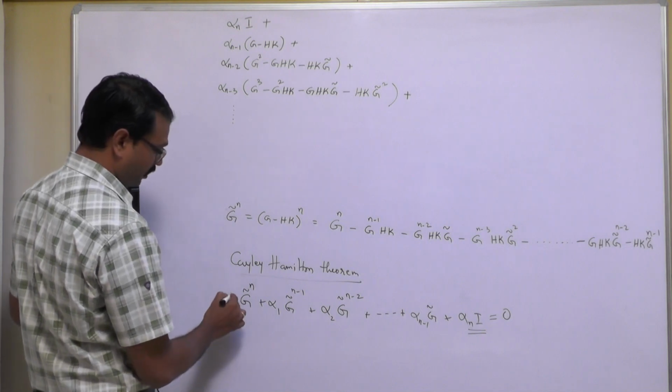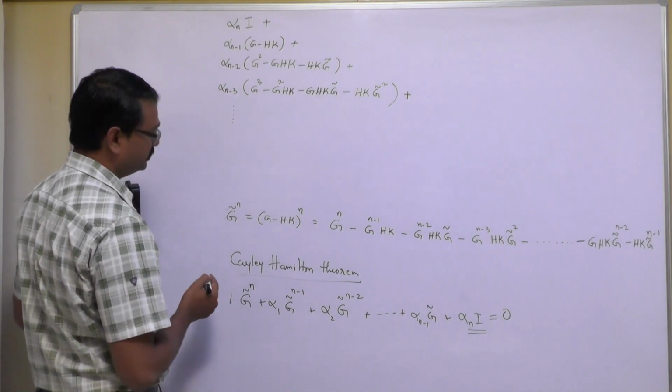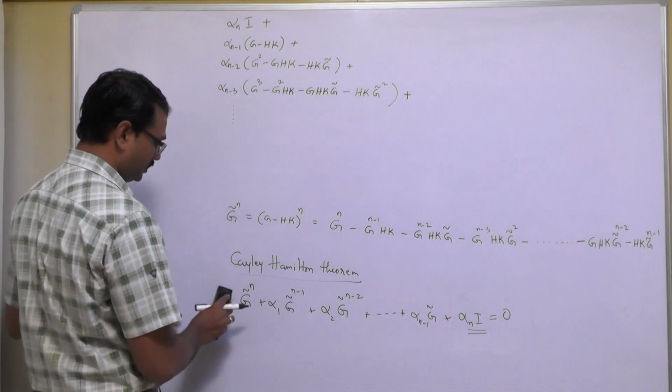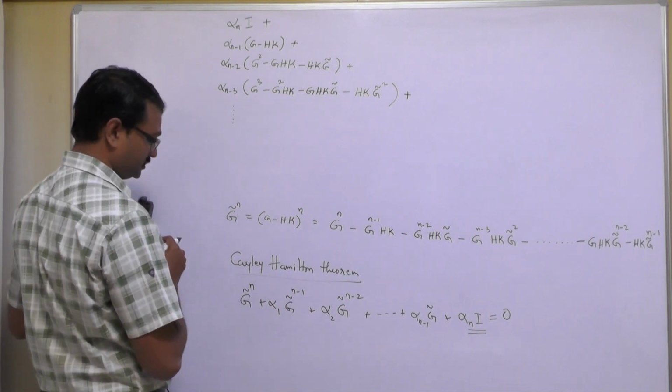G bar power n, 1 into, isn't it? Or I into, or 1 into, or simply write this matrix equation.